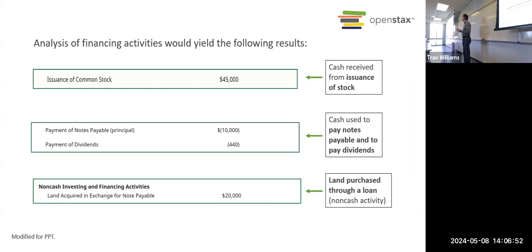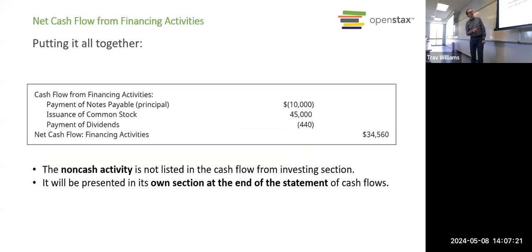But the old note, there was cash involved because we paid $10,000 to pay it off. So that's $10,000 going out the door. So we have $45,000 coming in from cash, $10,000 going out to pay down the note, and $440 going out for dividends. And then again, our non-cash transaction. So that gives us our net change from financing activities.